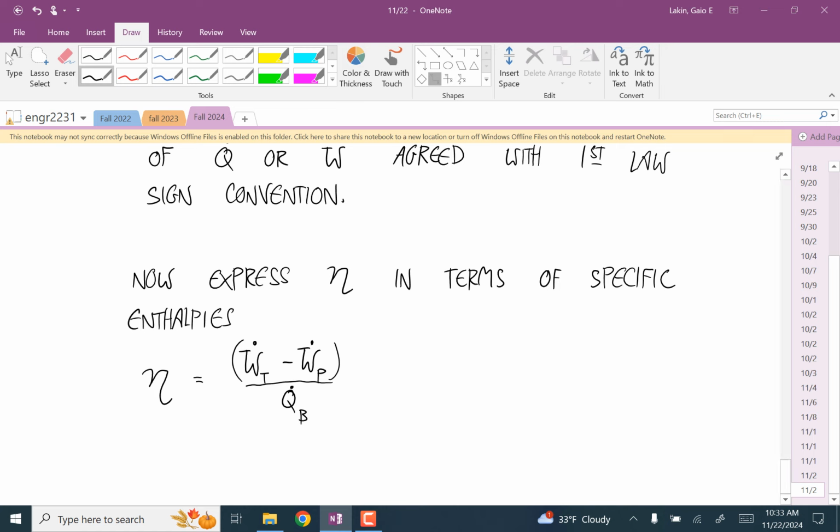And notice that without changing anything, we can multiply and divide everything by m dot and write this exact same thing as W_T dot over m dot minus W_P dot over m dot, divided by Q dot at the boiler over m dot.